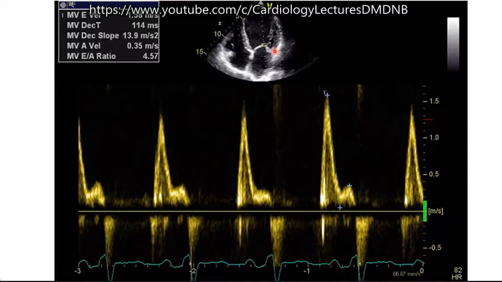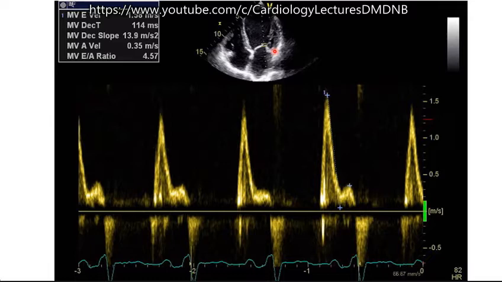Any one of you? Usually the normal deceleration time is around 180, 200, sometimes even maybe above 200. But a deceleration time below 160 indicates impaired LV relaxation. And when it goes below 140, it indicates restrictive pattern.